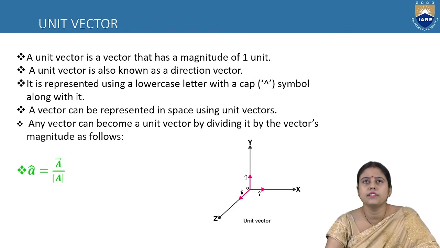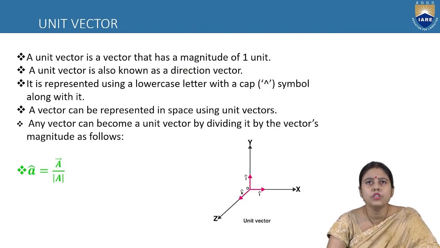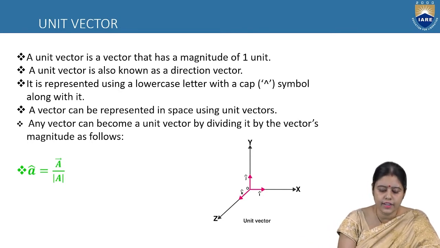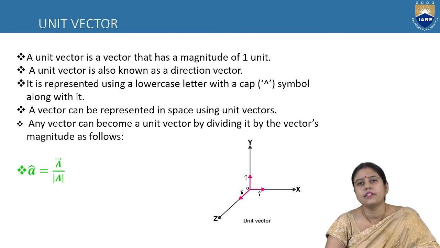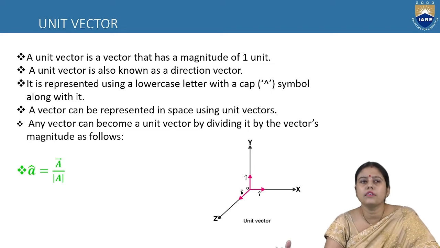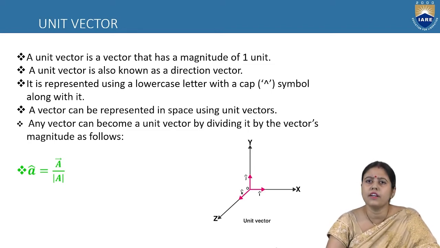Next, we will discuss the unit vector. This is a very, very important thing in electrical engineering. What is a unit vector? Sometimes we do not know the value. Say we are talking about the velocity. We are giving the same example.